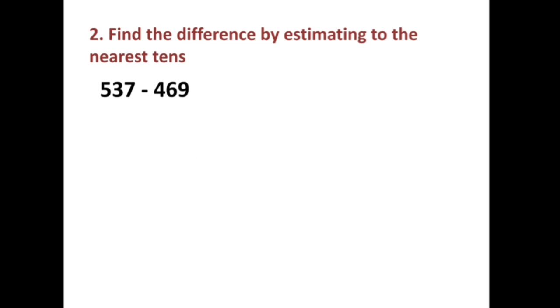Second problem. Find the difference by estimating to the nearest tens. The question is asked for tens. So which place value should we check? We should check ones place. Let us copy the numbers. 537.